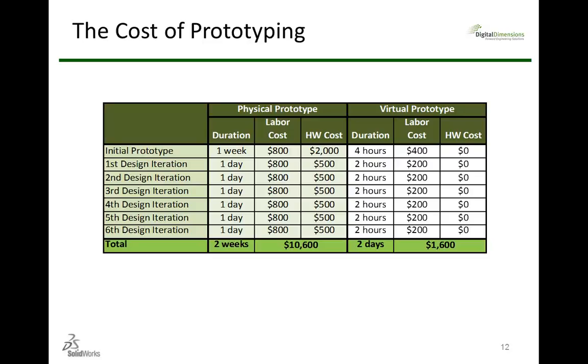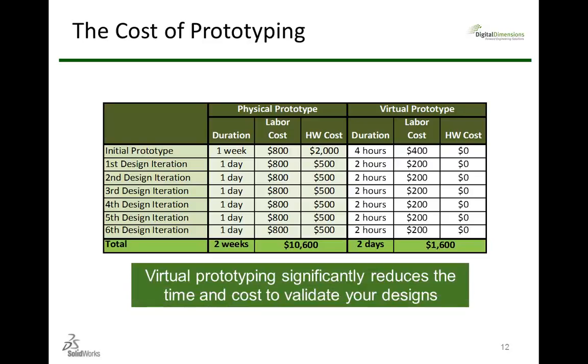For each different design iteration to modify your mesh or modify your loading conditions, let's say conservatively, it may take you a couple hours, which means about $200 in cost. So for 6 different design iterations, you're looking at about 2 days and maybe about $1,600. So virtual prototyping or simulations helps you to significantly reduce the time and the cost to validate your designs.